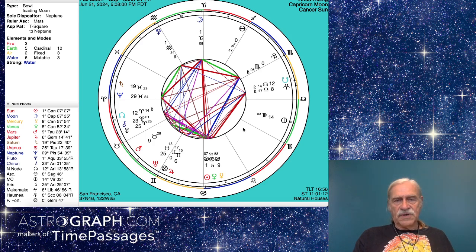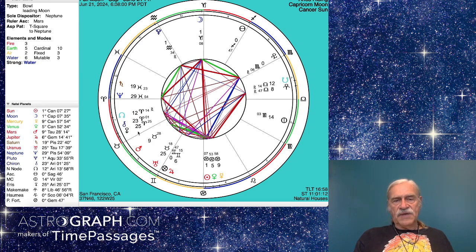And also, if we look at this little knot over here, we have Uranus at 25 Taurus, we have Eris at 25 Aries. And Eris always amplifies whatever it comes in contact with. So we have, in that sense, the unexpected, the trickster. We don't know exactly what's what. And then in its position at 25 Aries, we also have the fact that Eris is conjunct to Chiron, so that brings Chiron in.